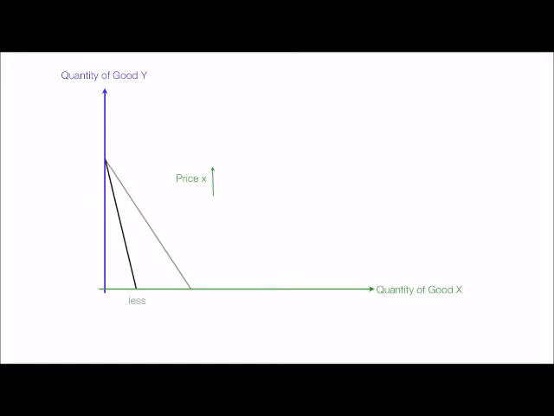They can buy less of it, less of good X. If the price of good X goes down, they can buy more of it, more of good X. If the price of Y goes up, the budget line rotates like this. They can buy less of Y, less of good Y. If the price of Y goes down, they can buy more of Y. It rotates out like that.